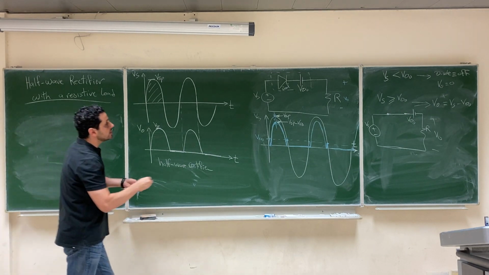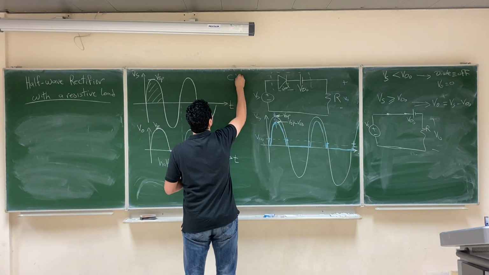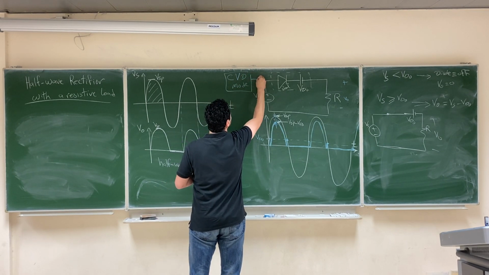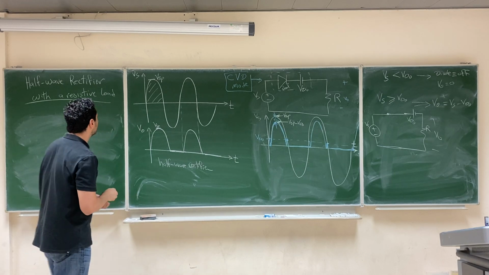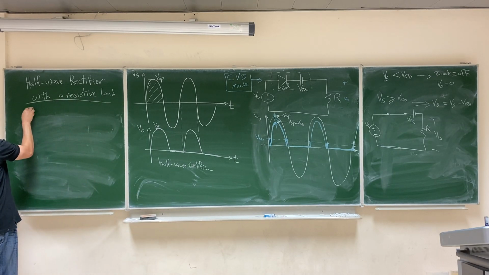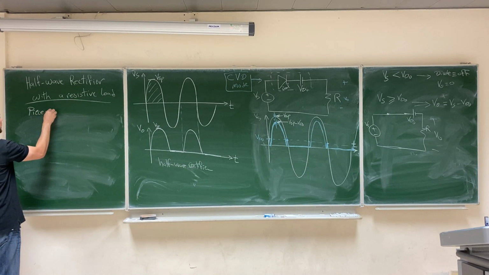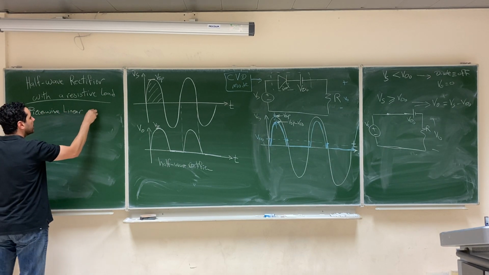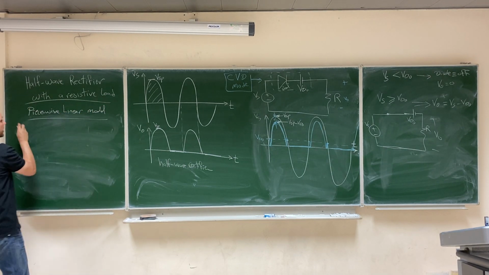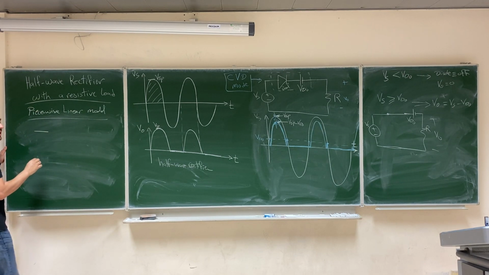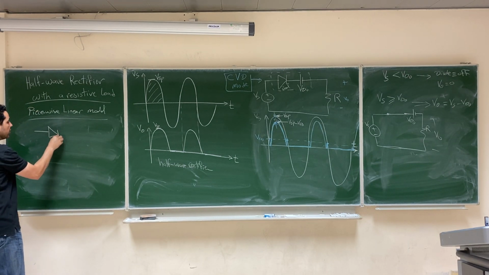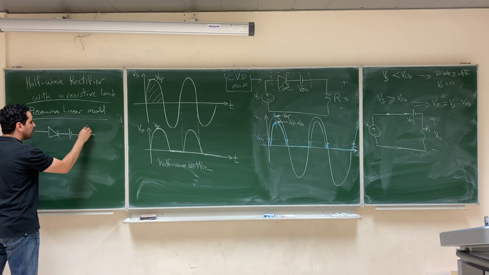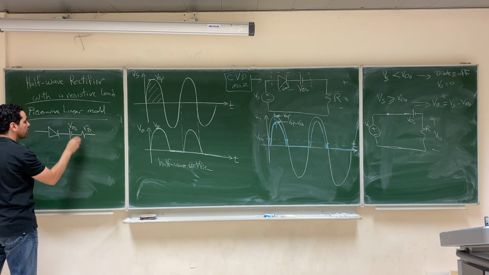So this is the constant voltage drop model here. Let's assume piecewise linear. In the piecewise linear model, we can replace our diode with an ideal diode, a battery, and a resistor, RD, and the battery is VDO.